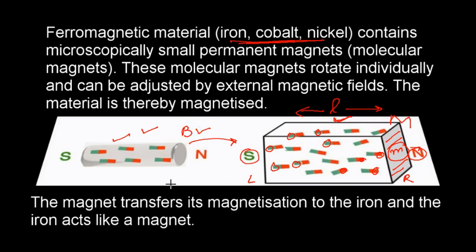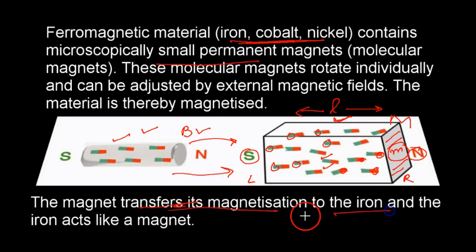So for a ferromagnetic substance like iron, cobalt, nickel, these are the molecular magnets. Because of the external field, they get aligned. This magnet transfers its magnetization to the iron.